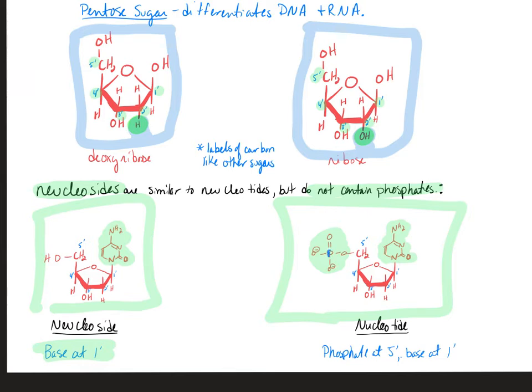So we could draw this as P with a double bond going up. If you drew it instead as a P with a double bond going out and a negative charge on the top and the bottom with an OR, it doesn't matter. It's the same thing. Just making sure that we all see that. This is a double bond right here, so sorry about that if you can't see it very clearly. Okay, so the difference in a nucleoside and a nucleotide is literally just the phosphate group. That's it, okay?